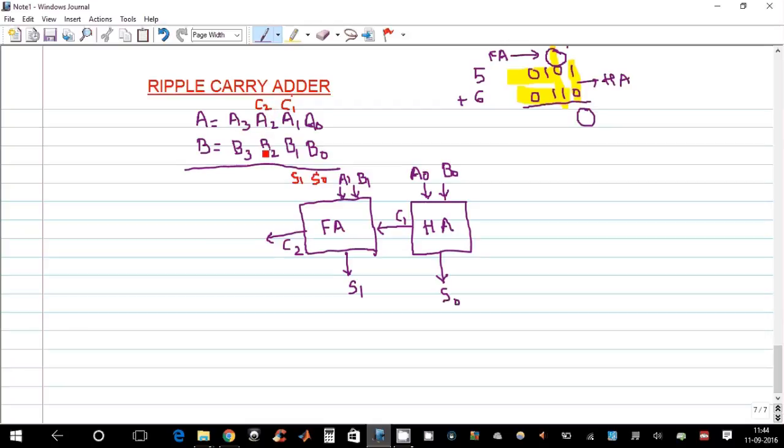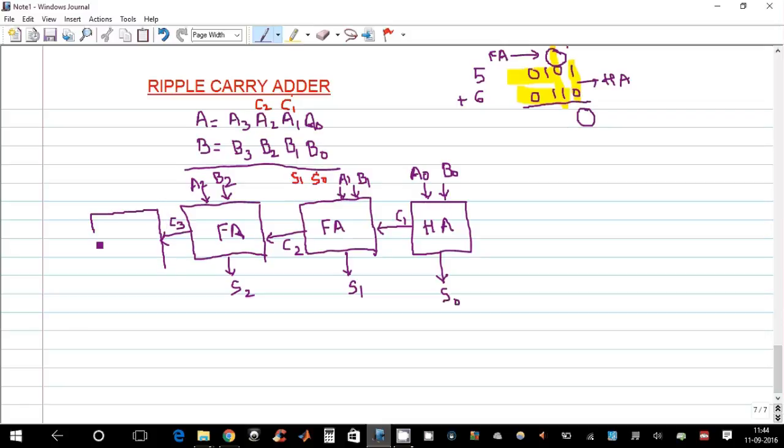Now for this addition we require one more full adder that requires the inputs A2, B2 and the C2, which we are giving here. That will give the expression S2 here, and let's call this carry out C3.